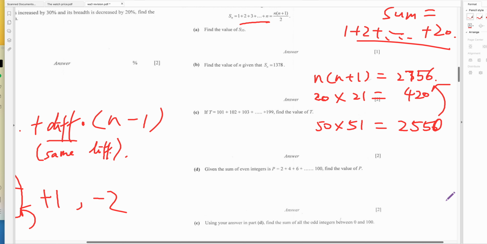So it's 52 times 53. Correct. So your n is 52. So that's how you figure out part B. Basically 52 times 53 should give you this. Therefore n equals 52 in this case.